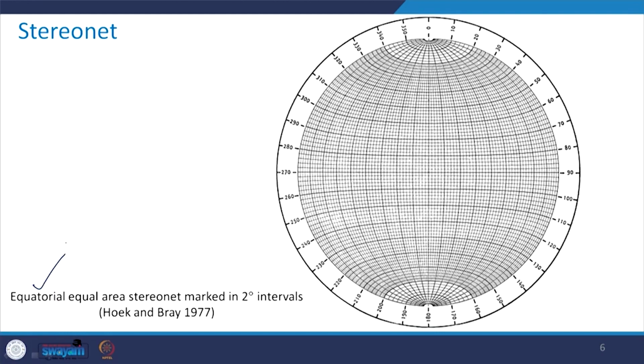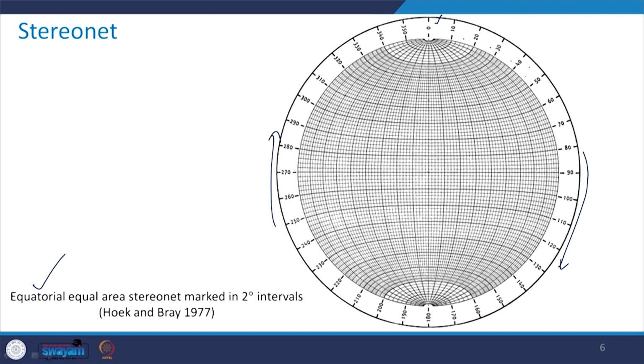When we look at it starting from 0 degree, then all around its circumference or periphery, you have up to 360 degrees. So, you see 10, 20, 30, 40. The periphery has been divided into segments representing 10 degrees each.